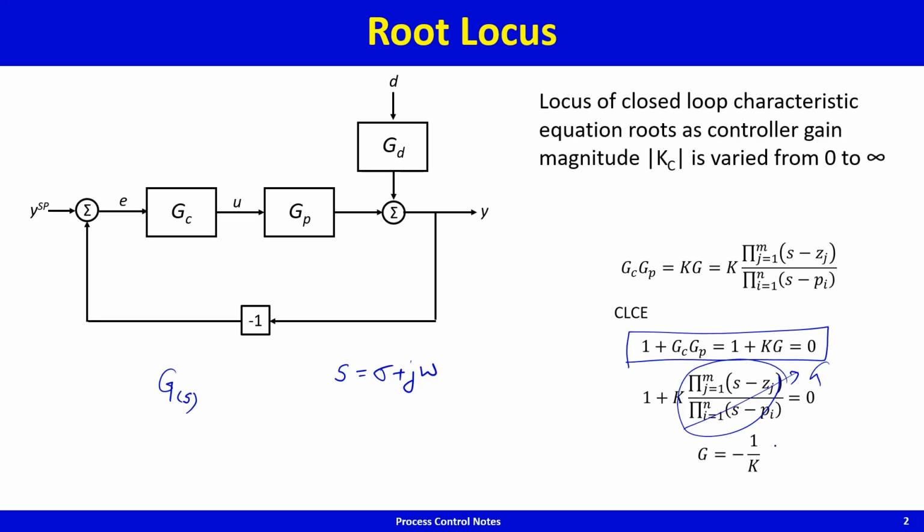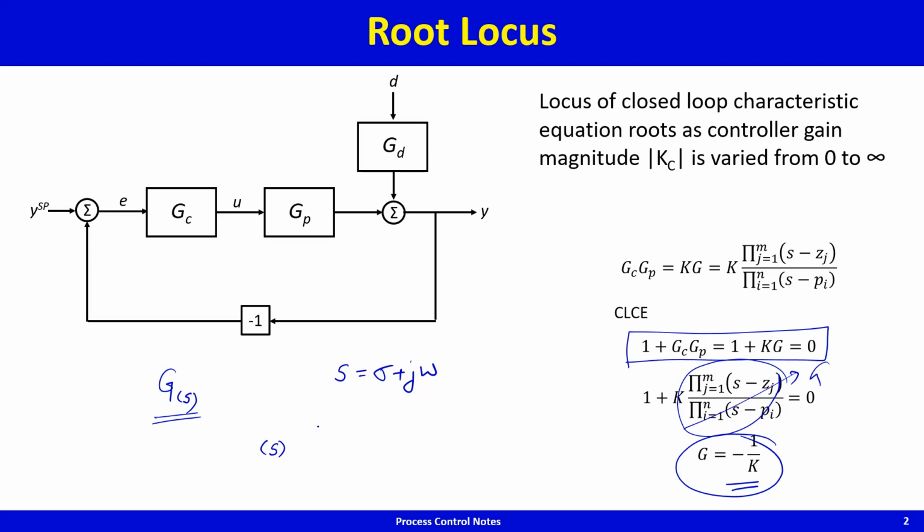And what this equation implies is we are looking for those special s values for which g turns out to be a negative real number. I repeat, we are looking for those special values of s. If s is in general a complex number, then g, which is a function of s, is in general a complex number.